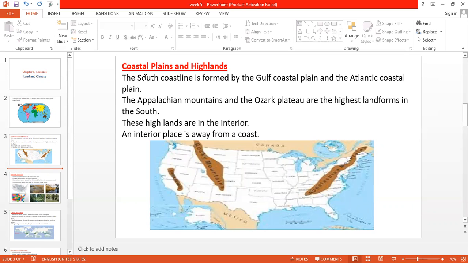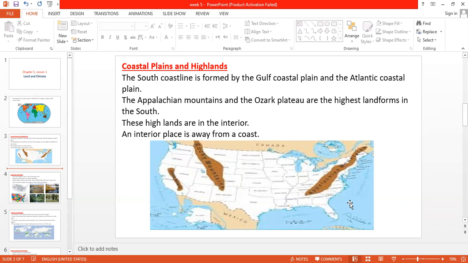So if we speak about the coastal plains of the South, you know that coastal plains means the land that borders an ocean or the land that borders any kind of water, sea, ocean, gulf, okay? So the South here has two coastal plains because it has the Atlantic Ocean here and it has the Gulf of Mexico here.